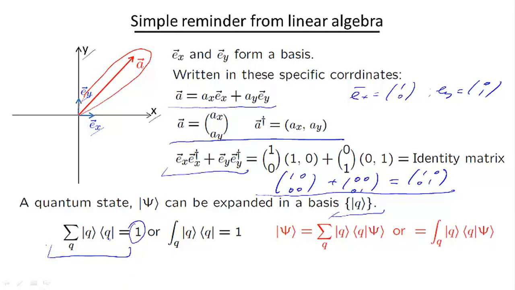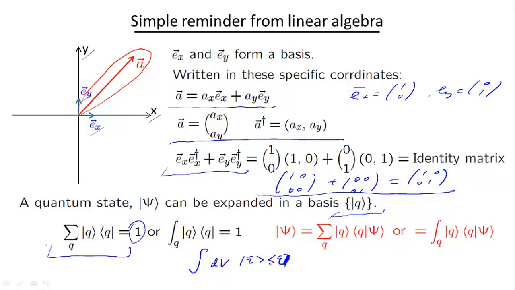For example, I haven't really specified the physical meaning of this q. It can be anything. One example we're going to see pretty often is when we're dealing with the integral over volume of a product like this, where these vectors correspond to eigenstates of the position operator.